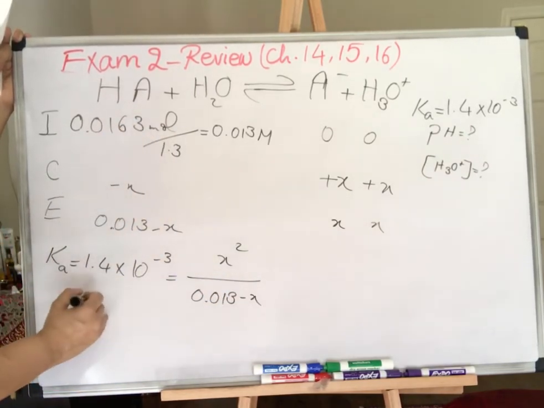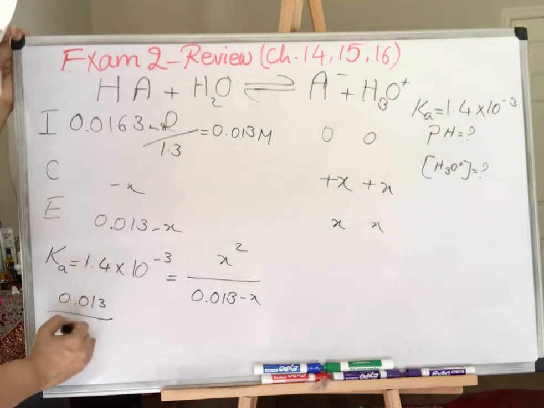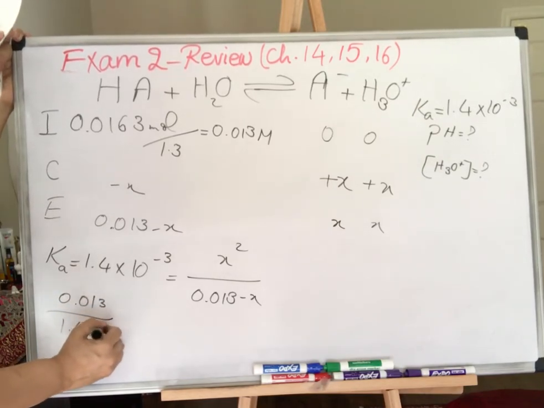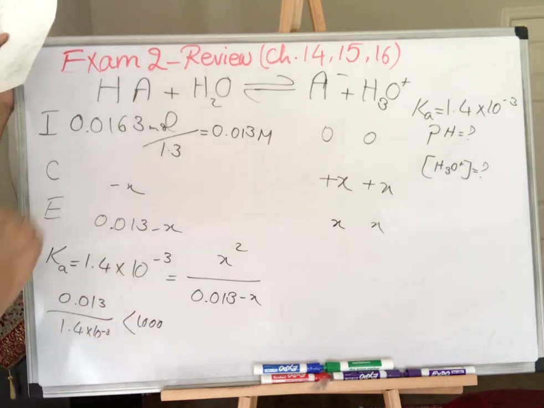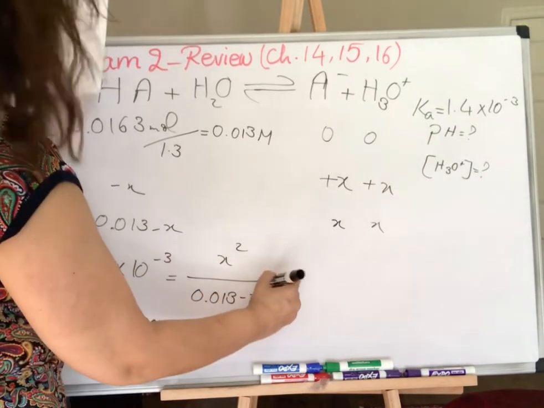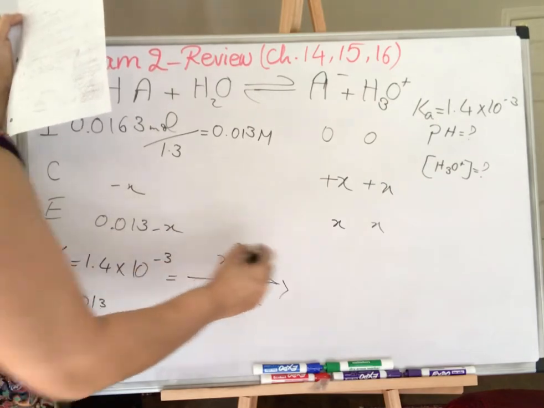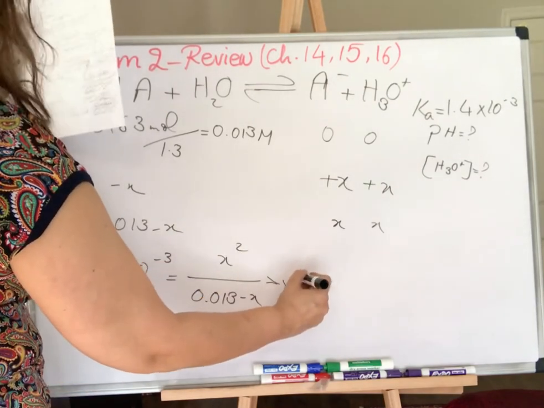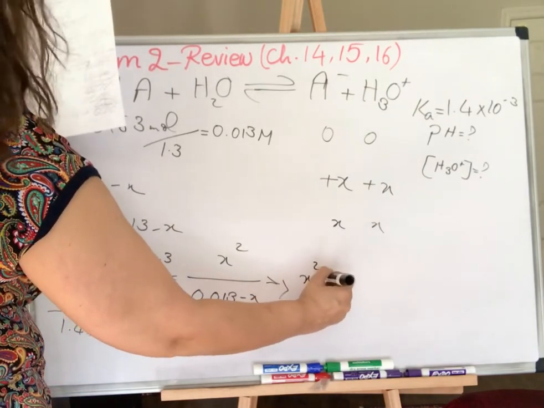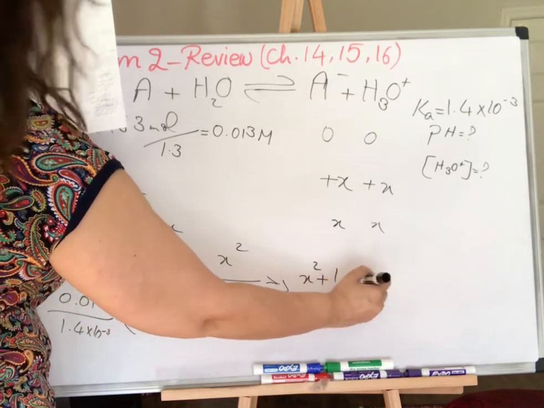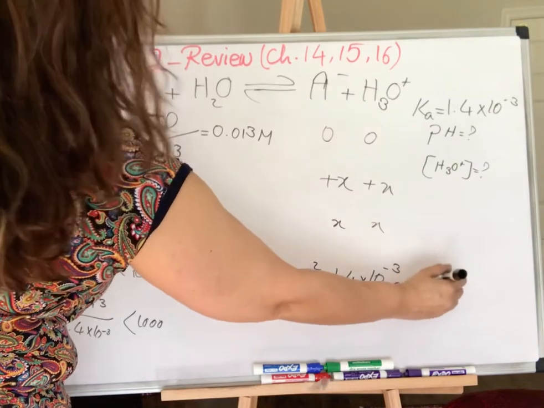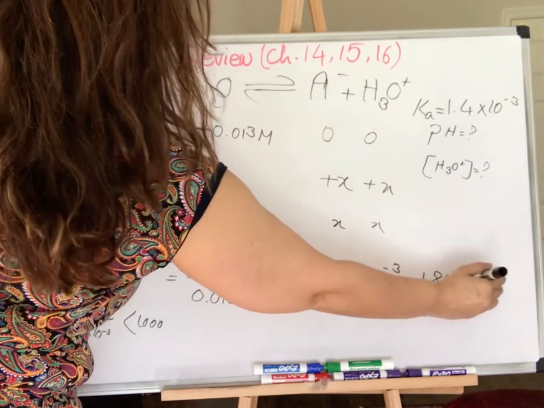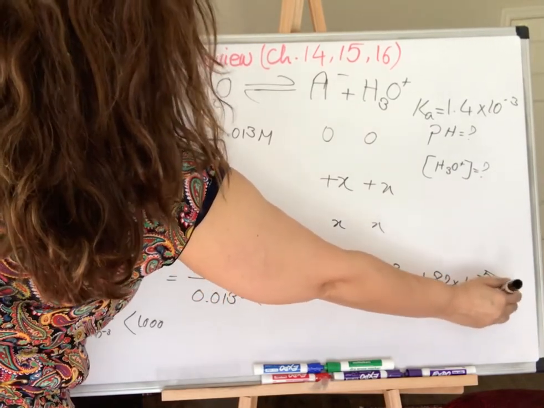This 0.013 divided by 1.4 times 10 to negative 3 is less than 1,000, so you need to work with a quadratic equation. I just put the quadratic equation. I leave the procedure for finding x to you. That will be your quadratic equation.